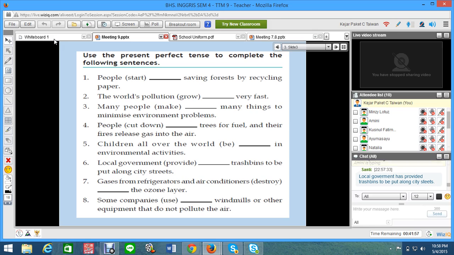Like start become started, we add ed. Kalau kata kerjanya berakhiran huruf hidup, kita cuma menambahi d aja, while if it is ended with consonant, we can add ed. Okay, so local government has provided trash bins to put along city streets.